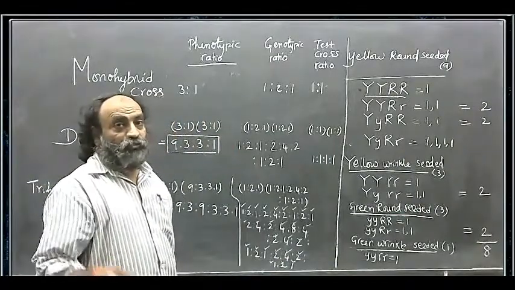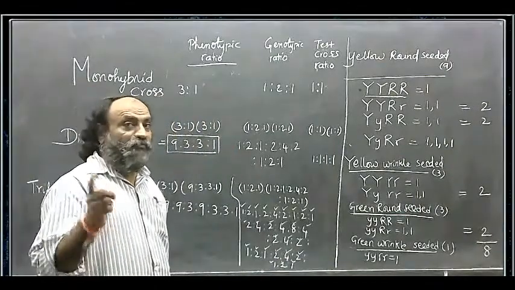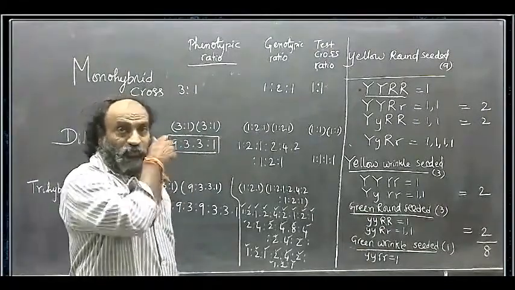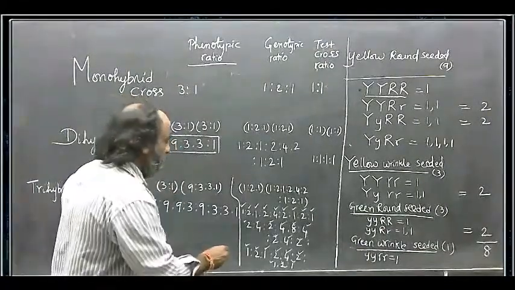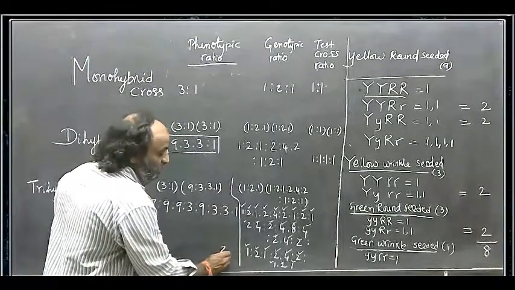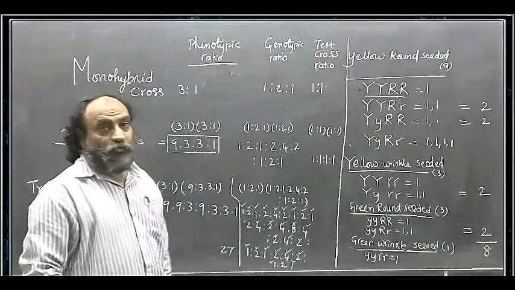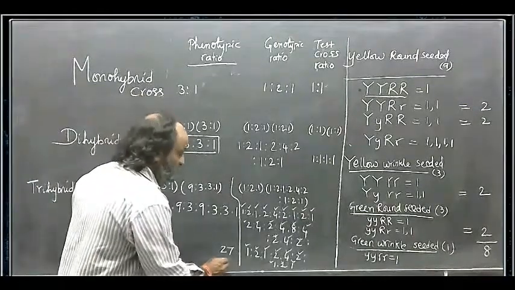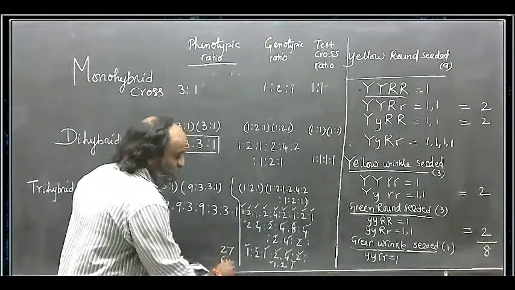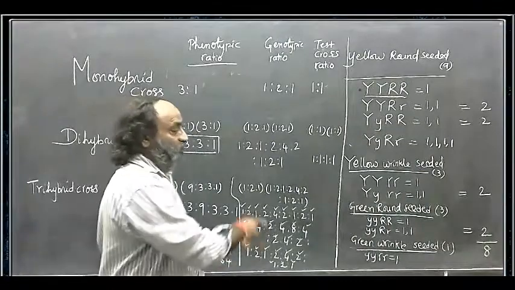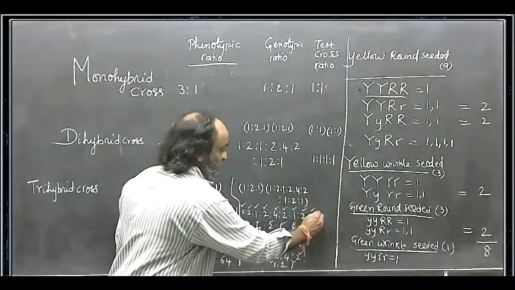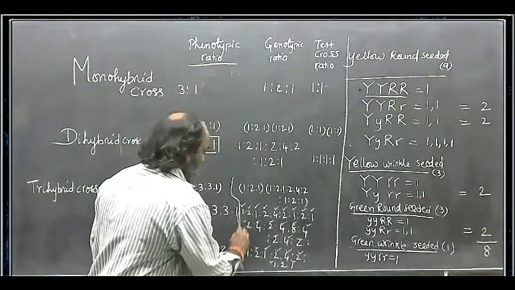That means the number of types of genotypes in a trihybrid cross is 27, and the total offspring produced in the F2 generation of a trihybrid cross is 64. And this is the trihybrid cross genotypic ratio.